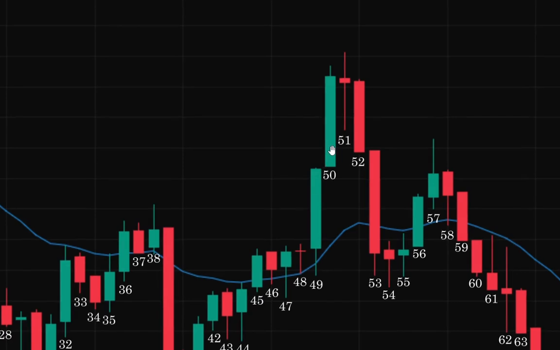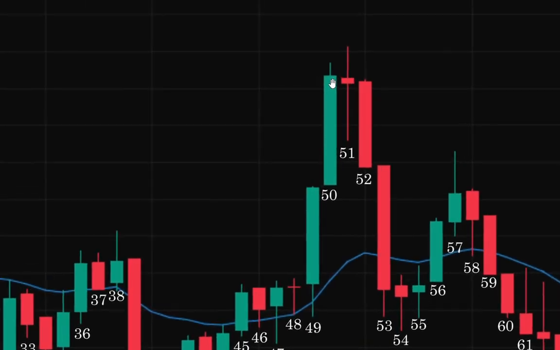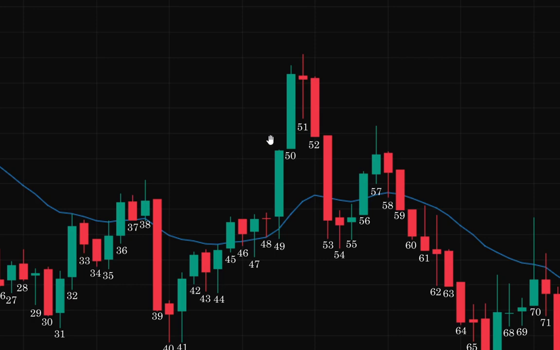So again, my consideration was I want to go for a pullback if there was a drift on this sideways, and then I will consider a long. But once this happened, bar 51 formed, bar 52 formed, and bar 53 formed.